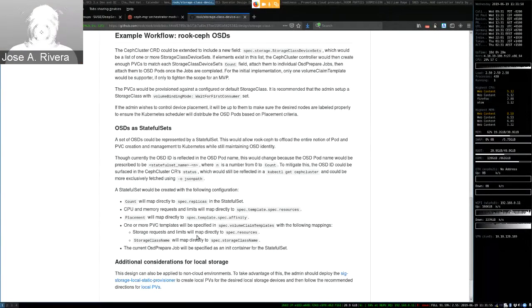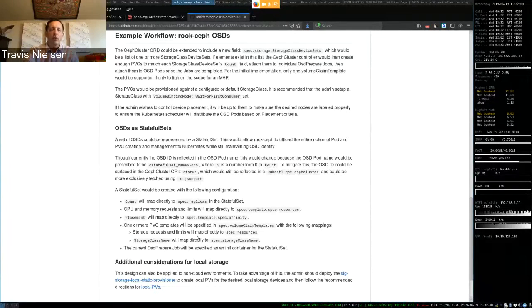Right, but we don't want the multiple OSD containers in the same pod. We want different pods, so they're running completely independently, and one OSD can't take down another OSD and kill the pod, for example. We want independent pods is the thing for OSDs.